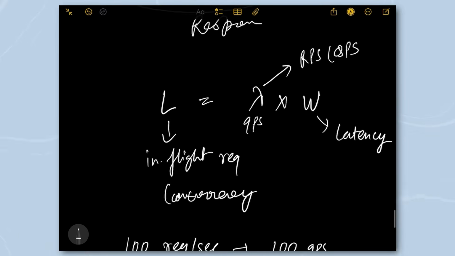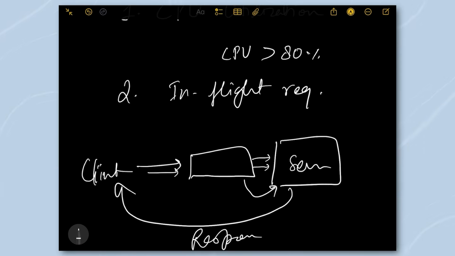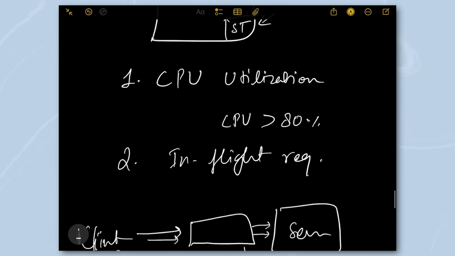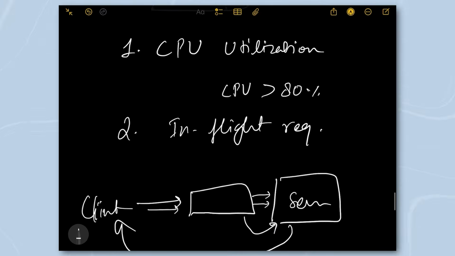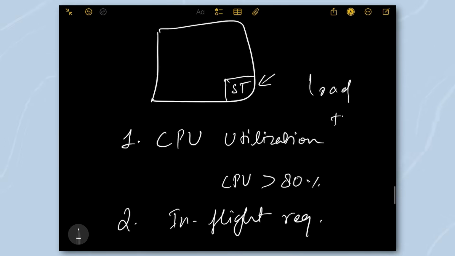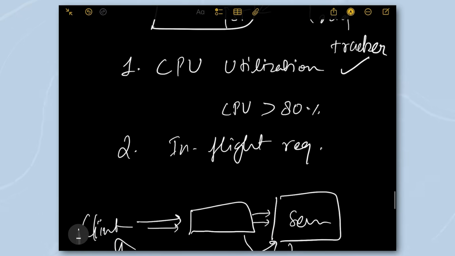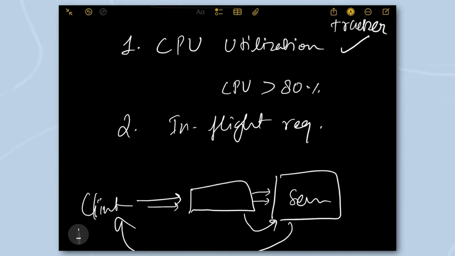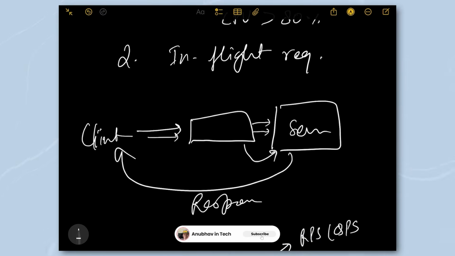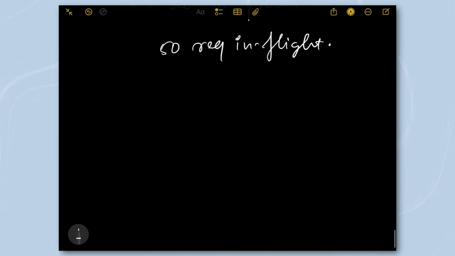Now, as we know, in-flight requests are also one of the key factors that you can simply call different load trackers. One load tracker is the CPU utilization graph you can simply see, and the in-flight requests, how many are basically waiting to get processed. So this is traffic which is still pending to be processed. And then the other could be the memory or the resources.